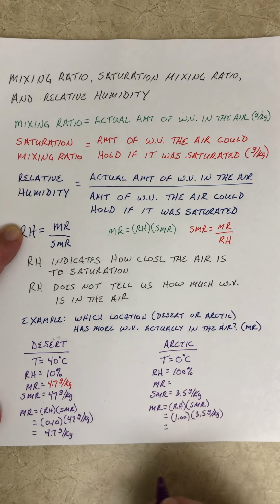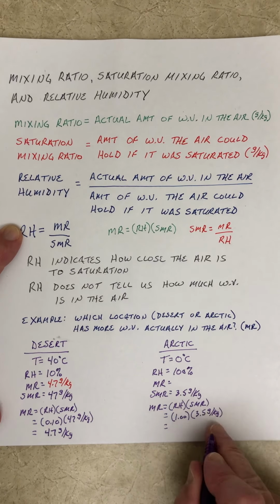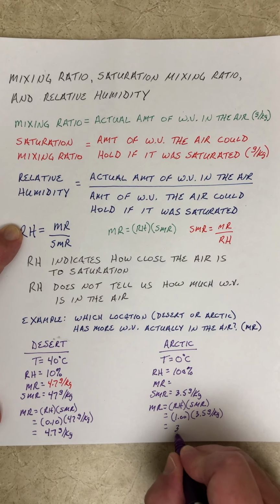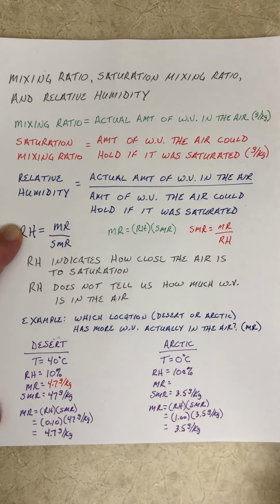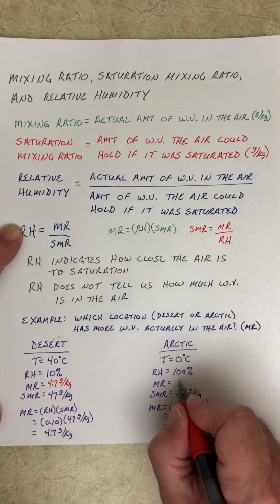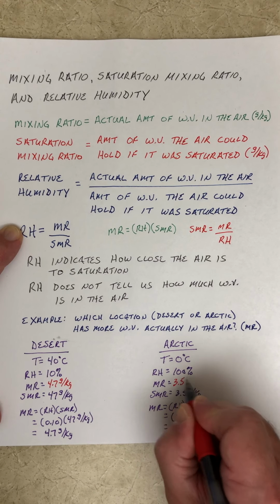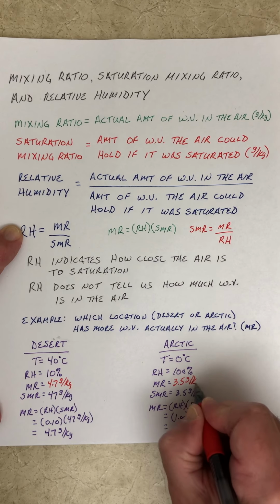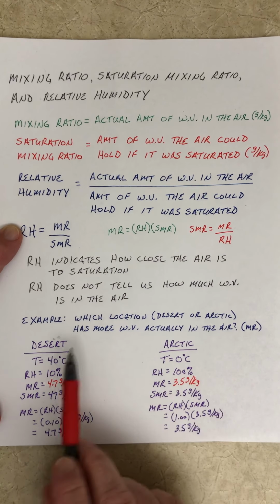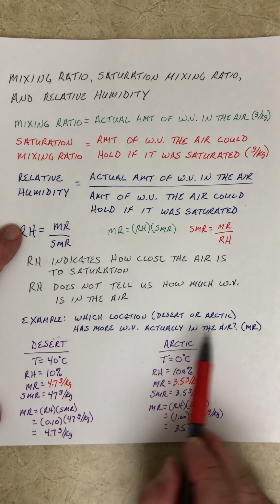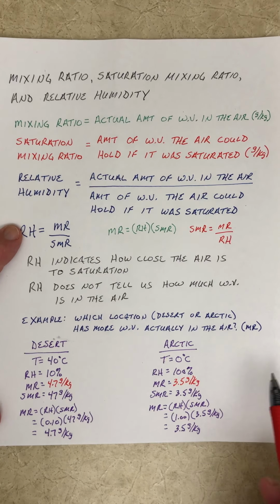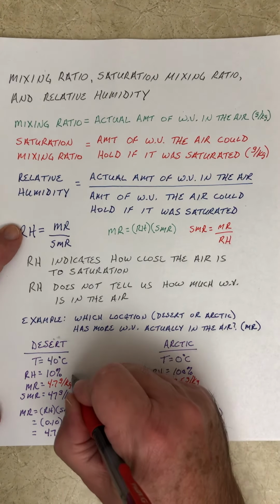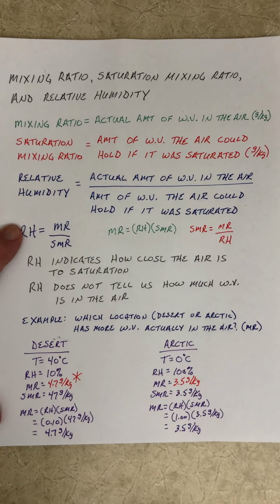So our mixing ratio, 1 times 3.5, is 3.5 grams per kilogram. So mixing ratio in the Arctic, 3.5 grams per kilogram. So in answer to our question, which location, the desert or the Arctic, has more water vapor actually in the air? In this particular case, it'd be the desert.